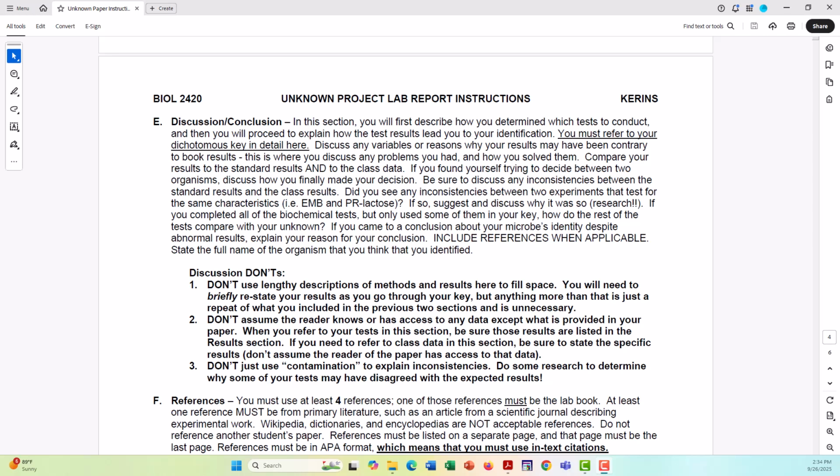For example, the first test that everyone's going to do is their gram stain. So that's where you would start. Say the gram stain revealed that the unknown was gram negative. So that led to this first test on the key, which is, I'm just guessing, let's say phenol red lactose.